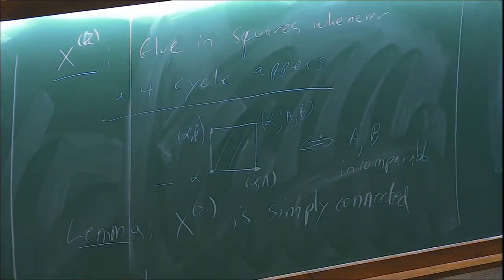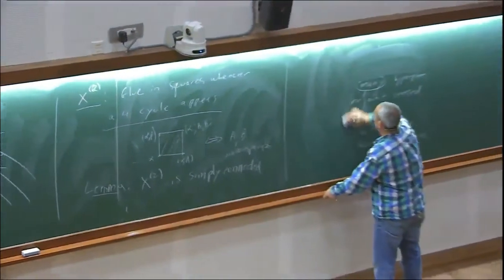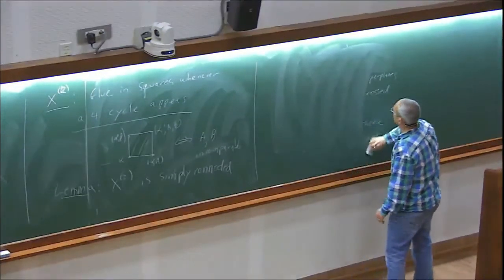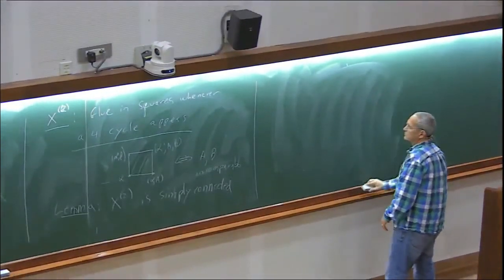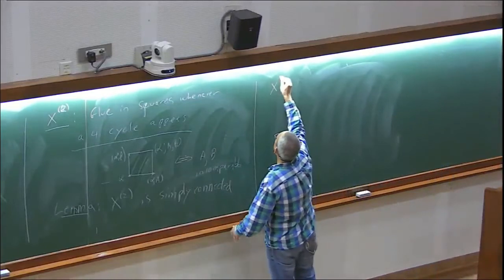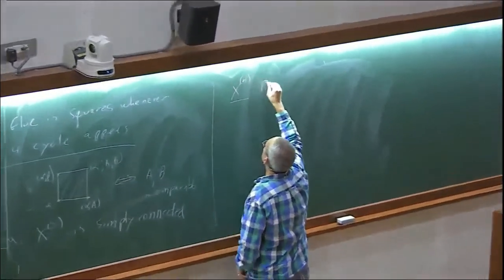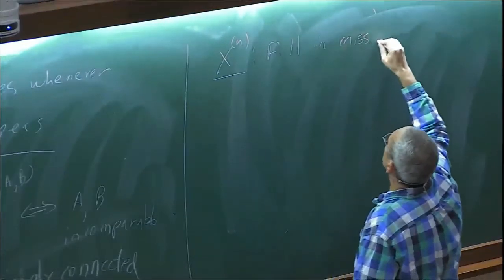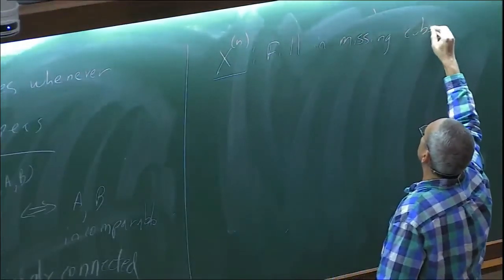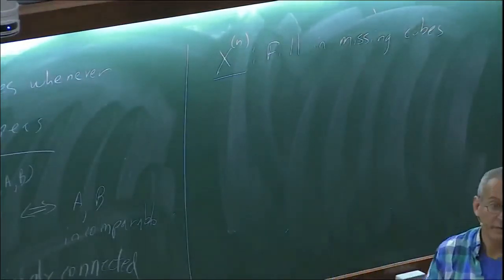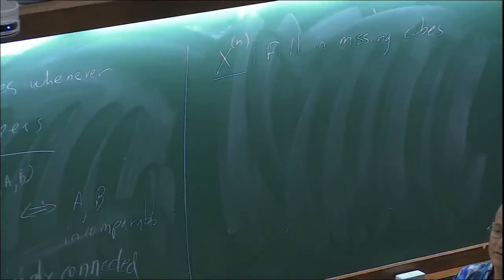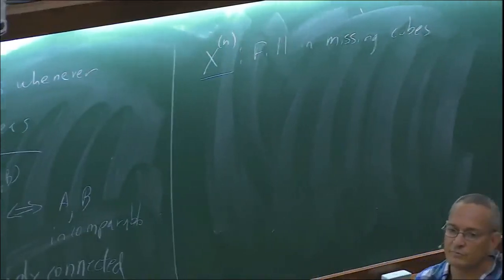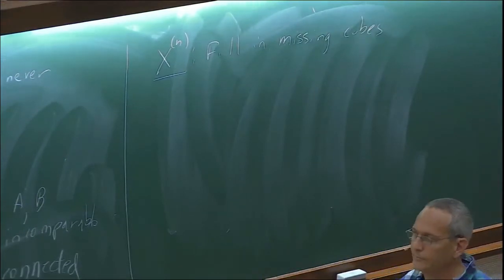And then xn, fill in missing cubes. So that just means whenever you see the boundary of an n cube, you just glue in a cube. Okay?